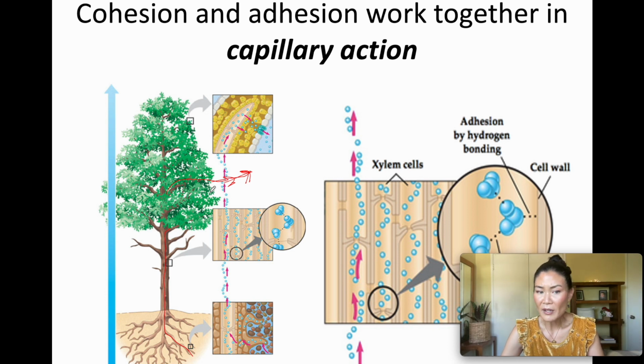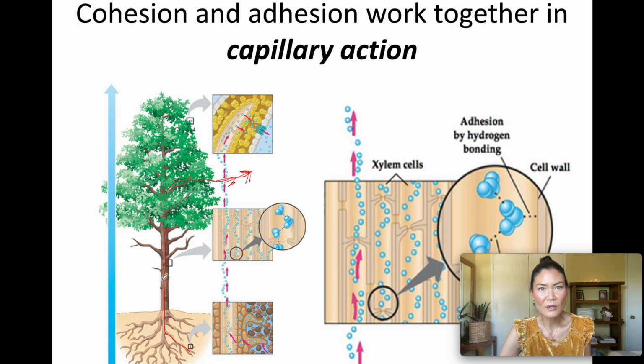But capillary action is how water goes from the roots all the way up against the pull of gravity and then out through the leaves of plants, okay? So capillary action is cohesion and adhesion working together. I should go back and describe what's going on in this picture.